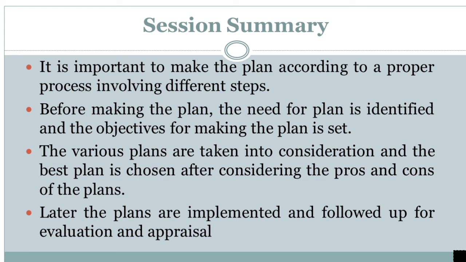And after the objective, the second important step in the planning process is choosing the alternative. All these things have to be coordinated and have to go in sequence, and later the plans are implemented and followed up for evaluation and appraisal. Thank you.